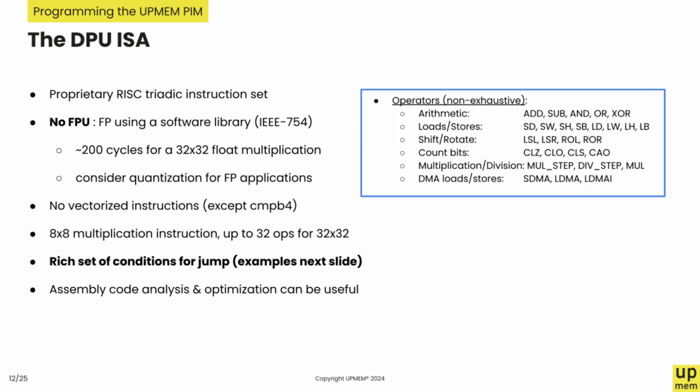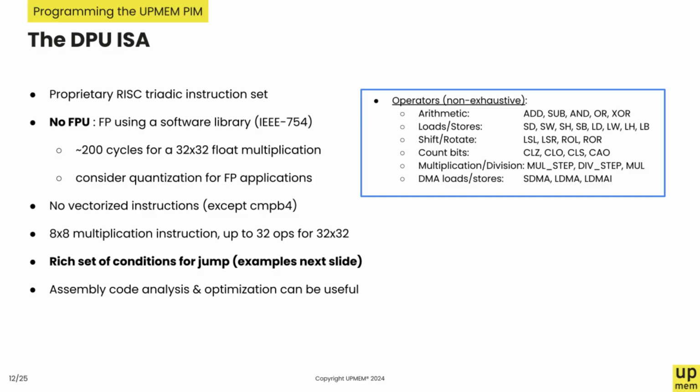Another property is that there are no vector instructions, except for one, CMPB4, which lets you compare 4 bits integers one by one, but it's a bit of a special case. When it comes to integer arithmetic, there is an 8x8 multiplication that can be done in one step. When you're doing a 32 bits multiplication, it does something a bit different.